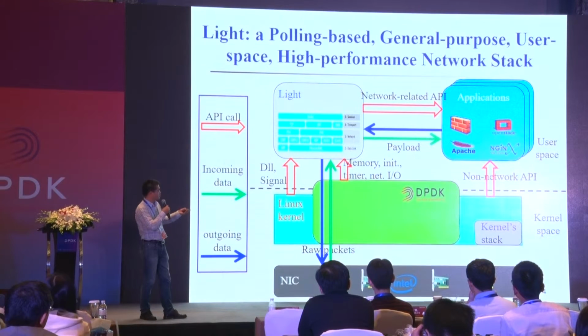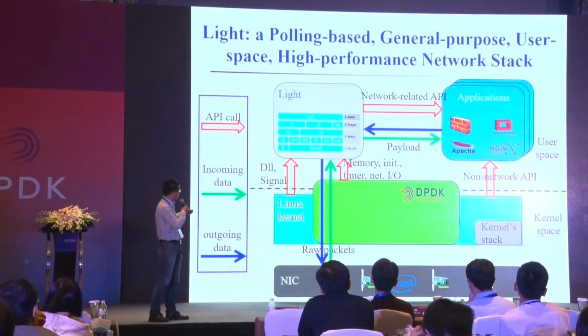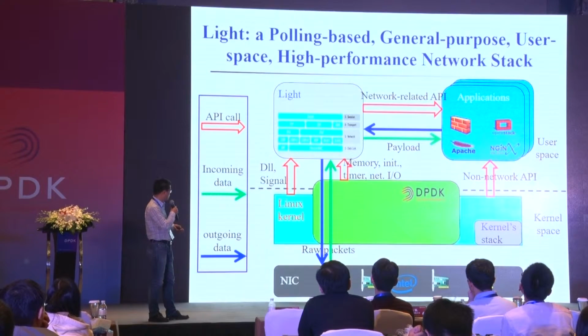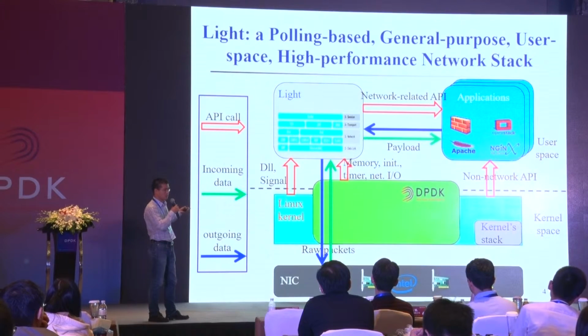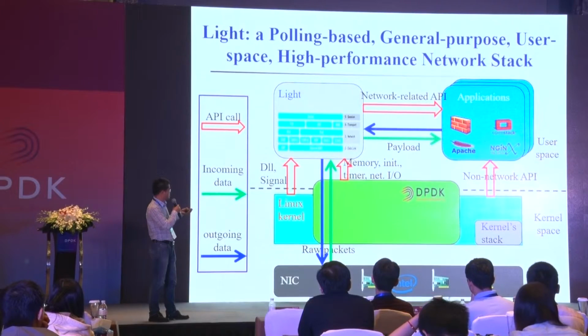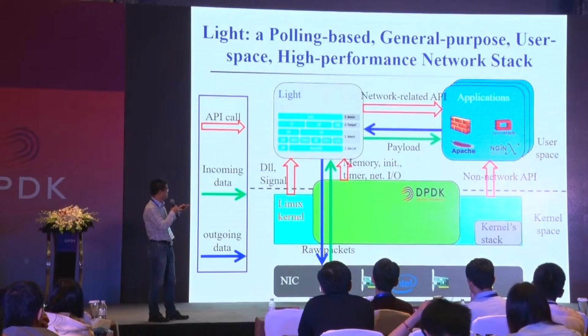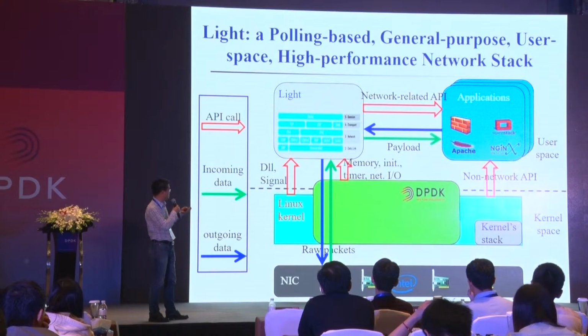We would like to have it provided by Net. For the non-network API, it will still be done by the operating system. Regarding the data flow, when we have the NIC through DPDK, it will come to the application layer stack, etc. For the API's utilization, besides the application using Net, there is also the non-network API.